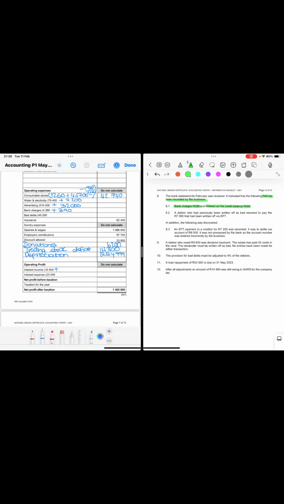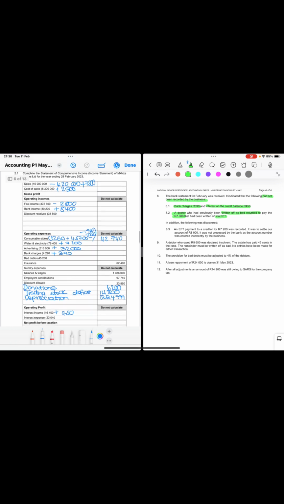So we go and say plus 450. Then a debtor who had previously been written off as a bad debt returned to pay the 7,000 that had been written off via EFT. So that would have been bad debt recovered, which is income, of 7,000.